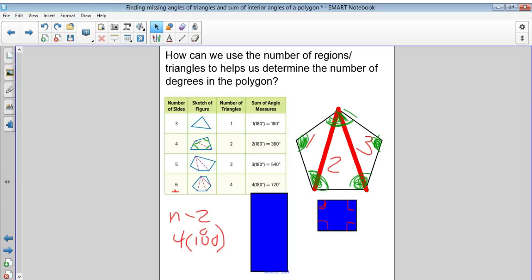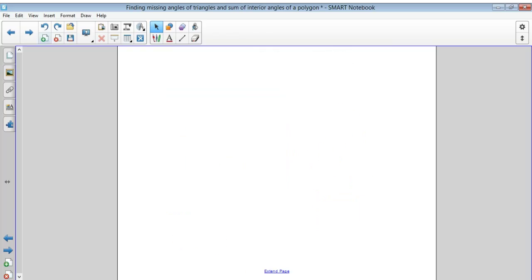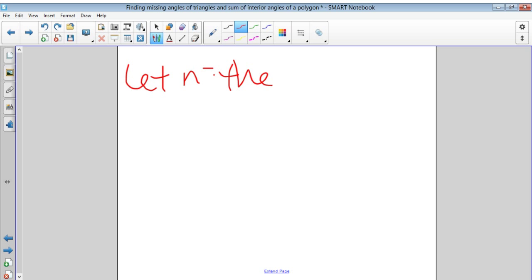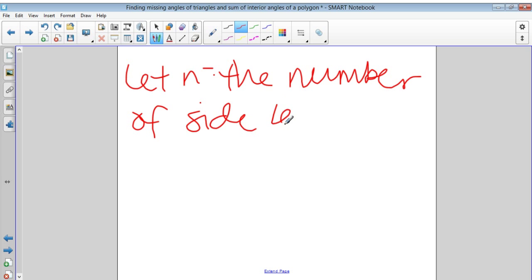So there are 720 degrees in a hexagon. This is actually an expression that we can use to determine the number of degrees in any polygon. Let n equal the number of side lengths of a polygon.